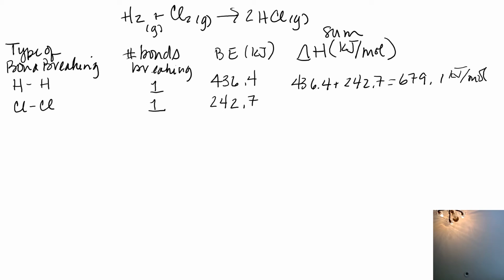Now we're going to look at the type of bond or bonds forming. And that is our HCl. And so the bonds forming are H single bond Cl. We have 2 moles of HCl, so here our number is 2.